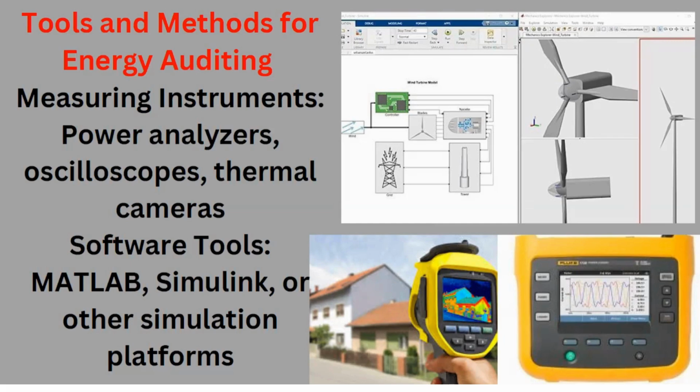Oscilloscopes are used, and thermal cameras are used for heat. Software tools are also used for calculating the losses, such as MATLAB, Simulink, or other simulation platforms for measuring the losses or for energy audits.